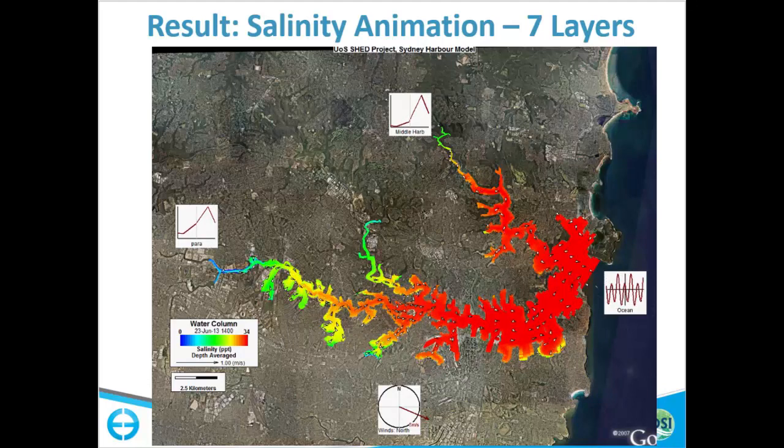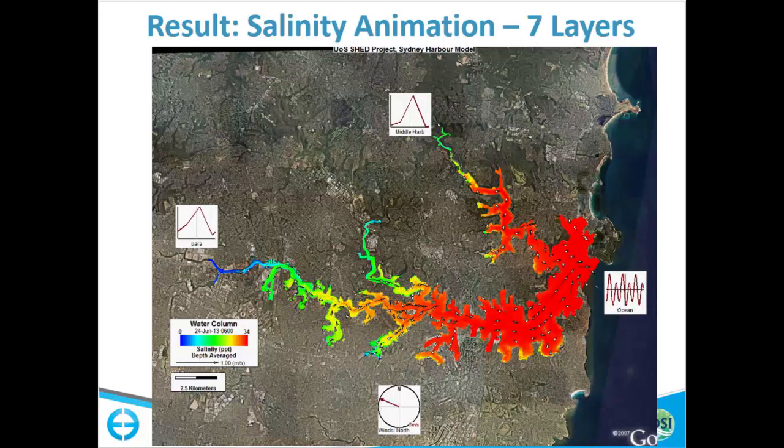Now as you can see, higher flow is coming into the system. It's all blue, which means fresh water is coming into the system, and the same thing over here, until it goes over here, then the salt water will dominate and push the water upstream.